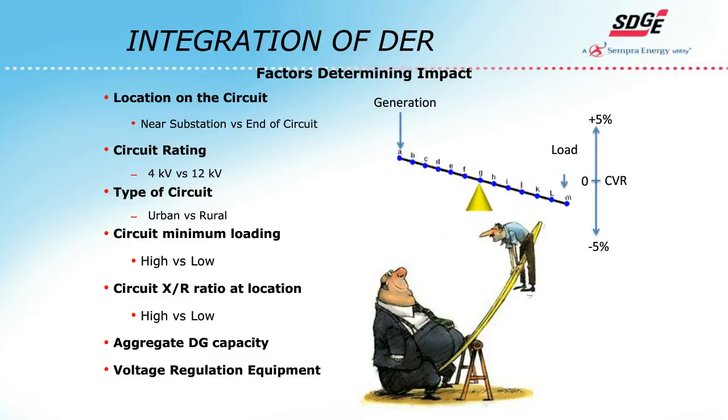And then really the voltage regulation. How is the utility regulating the voltage? As I said, way back when, all we were concerned about was high load, max load, and low load, and making sure that the voltage was within appropriate ranges under those conditions.